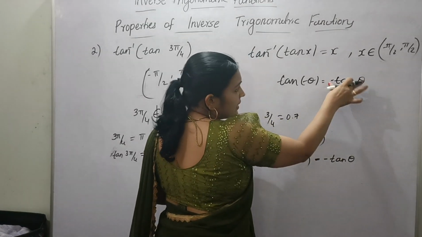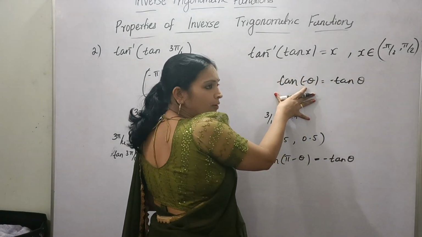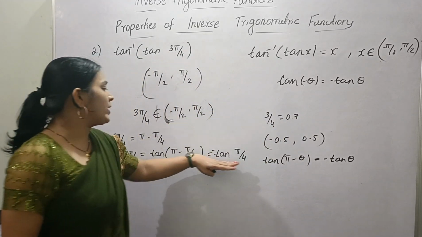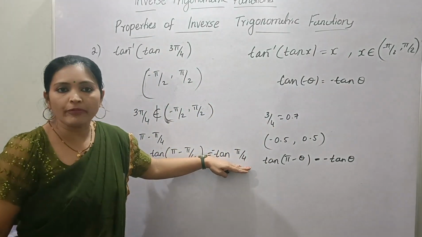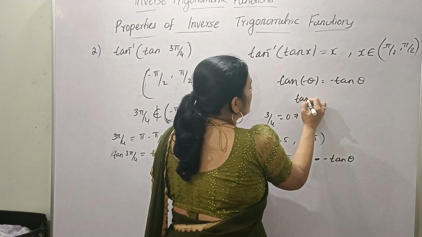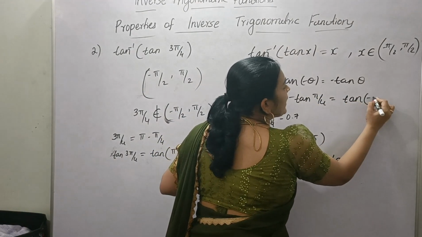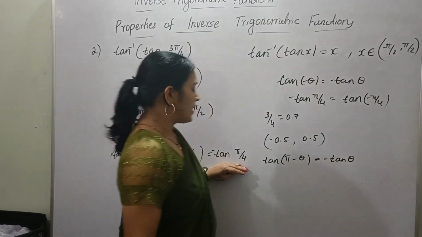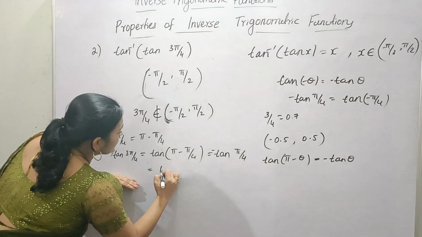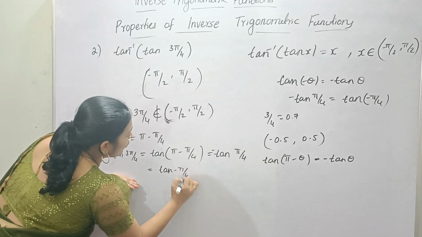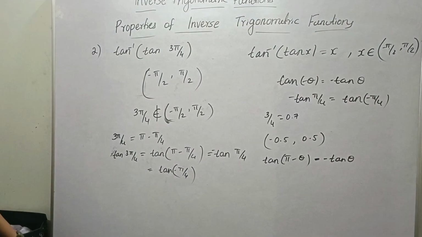So we can write minus tan theta is equal to tan of minus theta. So this one can be written as tan of minus pi by 4, isn't it?